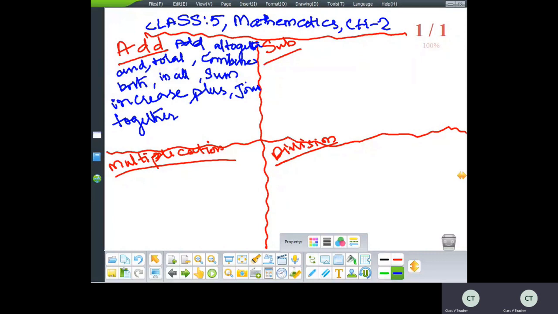Okay, so now in the word problem, when you have multiplication, both addition and multiplication keywords will be there. So for multiplication, what are the keywords you will have? Each, same, twice, product, then in all.